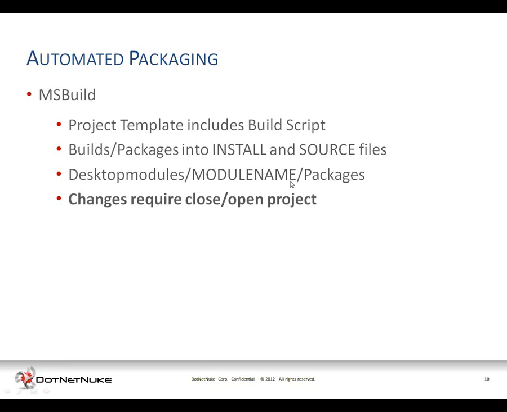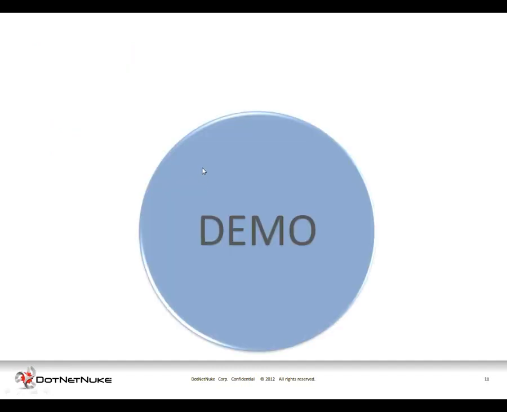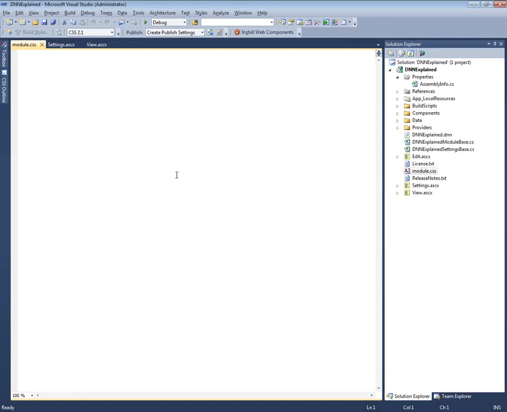Now let's go ahead and talk about how we actually do the packaging within this particular project template. And then I'll point out the item we have in bold here, which talks about changes. So we'll switch back over to our project. And packaging within the module is very easy to do. The way we're going to do packaging is up within our toolbars. We should have an option here to choose between debug or release mode.